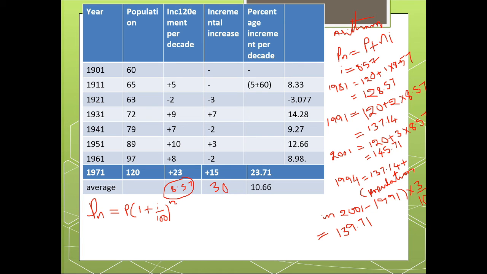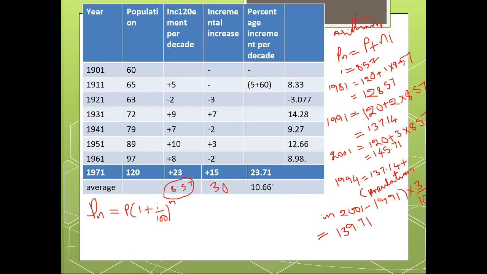Now you know the n value: in 1981, one decade given; 1991 to 2001, 3. You know the previous population. I, already you know, is 10.66.